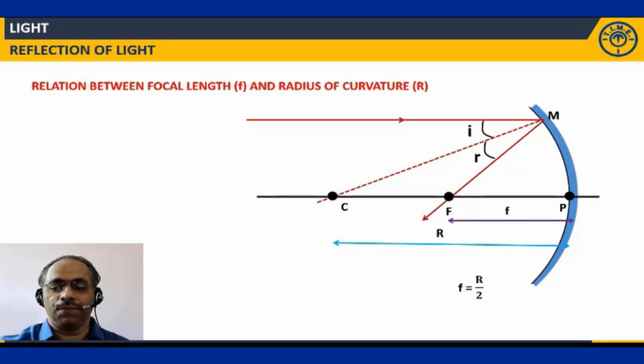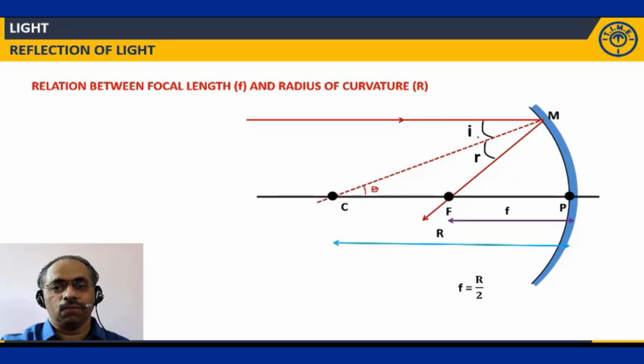Now, if you consider this particular figure, you can see very clearly. Let me show you. This particular angle here, say theta. This theta is equal to I. How? If I consider this light ray, which is parallel to the principal axis, CM can act as a transversal. So I will be equal to theta because these two are alternate angles.